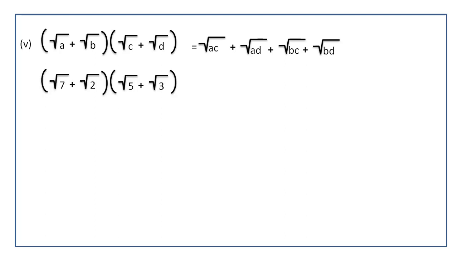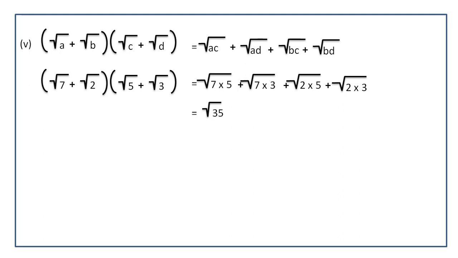Now we see an example. Suppose we have the multiplication like this, just multiply the values as in the usual method, like normal multiplication, but the values are within the square root. So we get square root of 35 plus square root of 21 plus square root of 10 plus square root of 6.